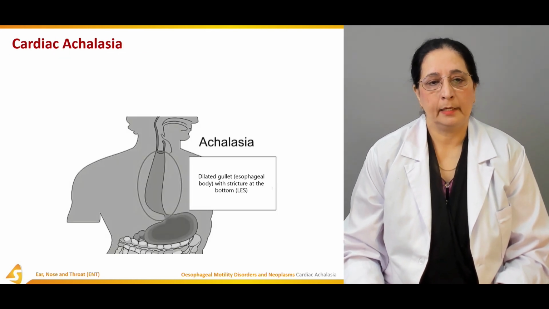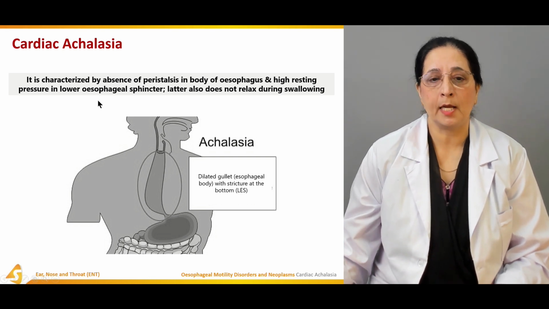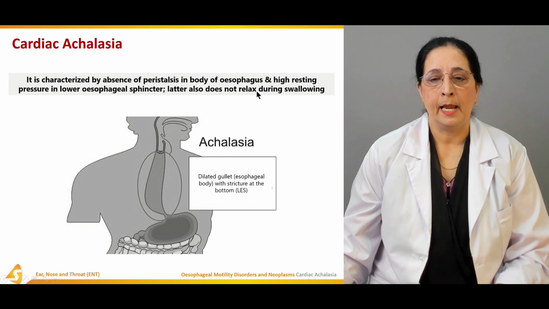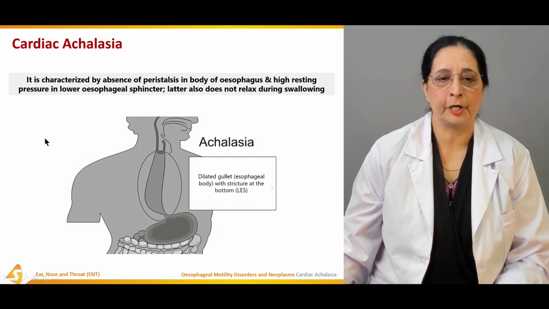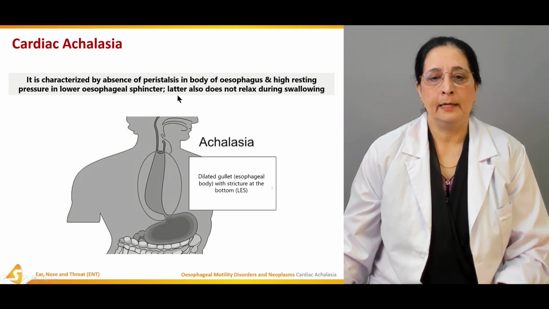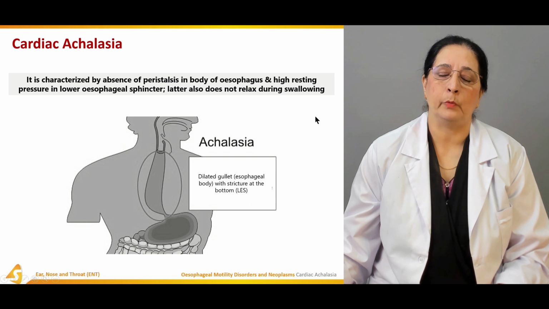What is cardiac achalasia? Cardiac achalasia is characterized by absence of peristalsis in the body of the esophagus and high resting pressure in the lower esophageal sphincter. The latter also does not relax during swallowing.